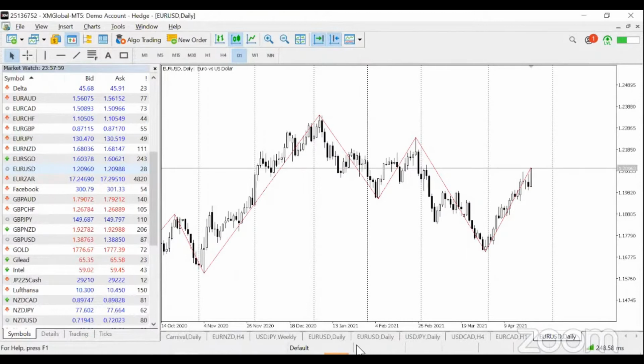So mamaya bibigyan ko kayo ng breakout rules. Kasi more on breaks ang gagamitin natin eh. Hindi muna tayo magba-bounce play kasi medyo mas mahirap ang bounce play kaysa sa mga breakout at saka trend following. Mas mataas kasi yung makukuha mong returns, no? Ideal, no? Kumbaga in theory, kung bounce play yung kinukuha mo. Pero minsan kasi hindi mo matatansya kailan ba talaga babalik yung market. It's just easier to follow the trend.